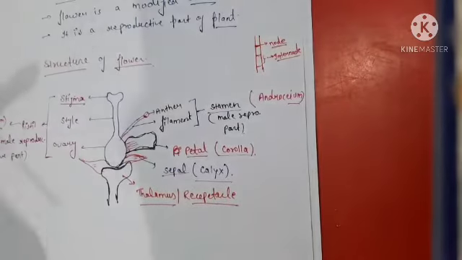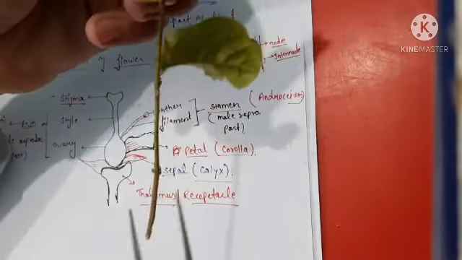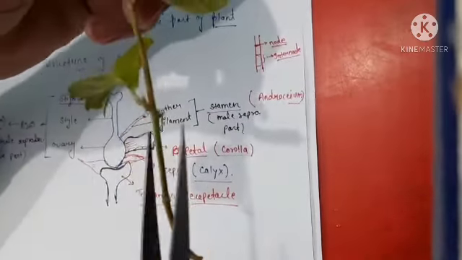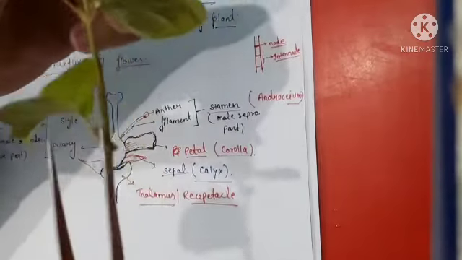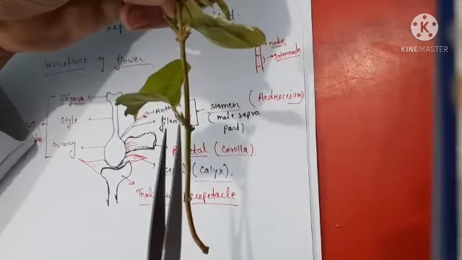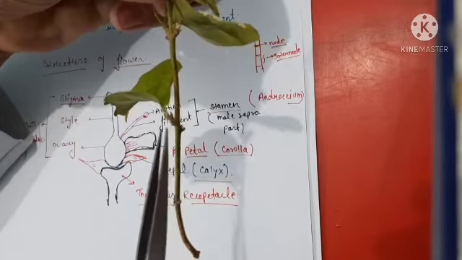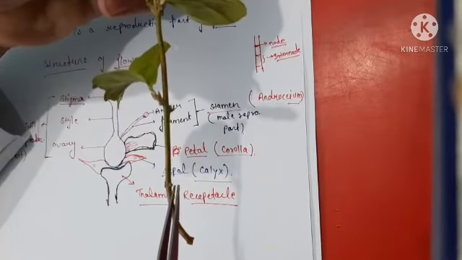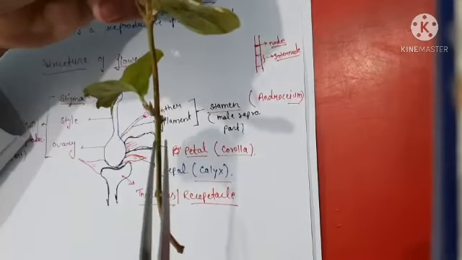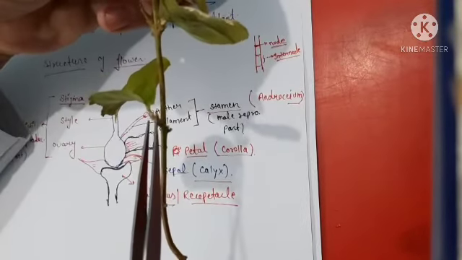So here friends, you see that part from where leaves originate, that part is called node.